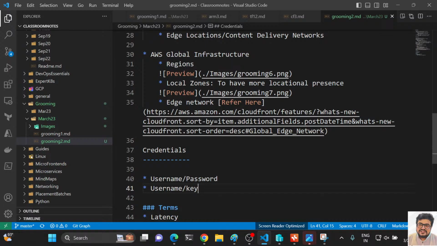So whenever I speak about credentials, these are the three things you need to understand: username and password, username and key, or rather than key, let me say key pair, and the third one is token. We will try to understand what these things are in our next session.